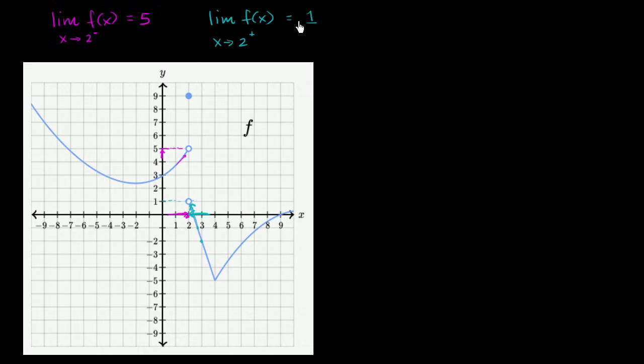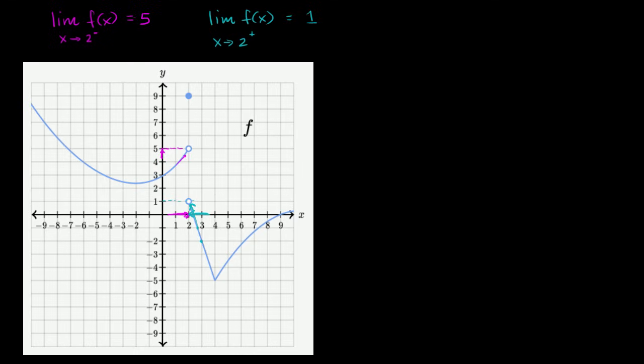And so when we think about limits in general, the only way that a limit at 2 will actually exist is if both of these one-sided limits are actually the same thing. In this situation, they aren't. As we approach 2 from values below 2, the function seems to be approaching 5. And as we approach 2 from values above 2, the function seems to be approaching 1.